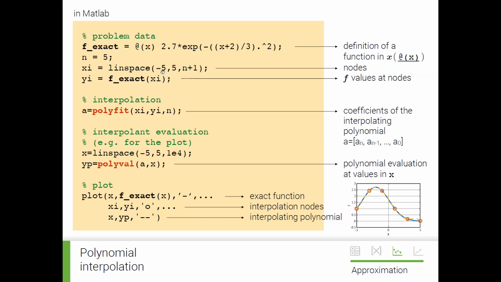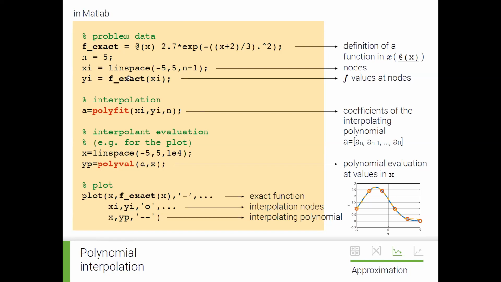If we write just -5 and 5, it automatically generates 100 points. But in this case, we can give the number of points, here n plus 1, because we have n plus 1 nodes.